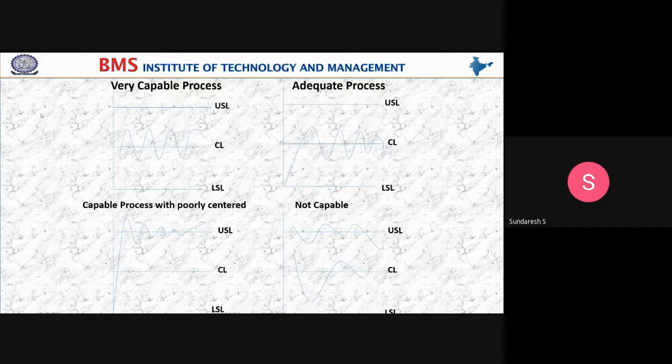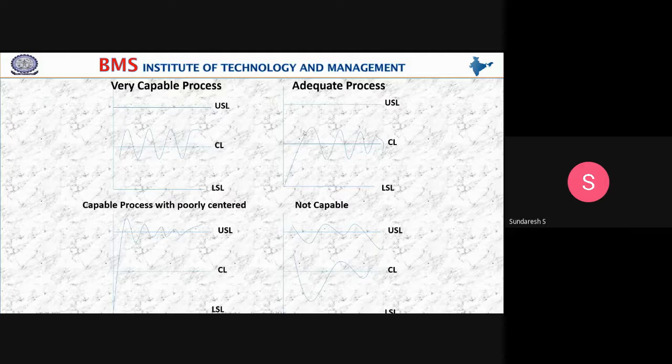Look here, this is a capable process because none of the parts has crossed either the upper specification limit or the lower specification limit. It is within the specification limits only, the curve is between USL and LSL. Of course, the variation occurs across the control limit line, but that is not a matter for us. So this is called a very capable process, right?